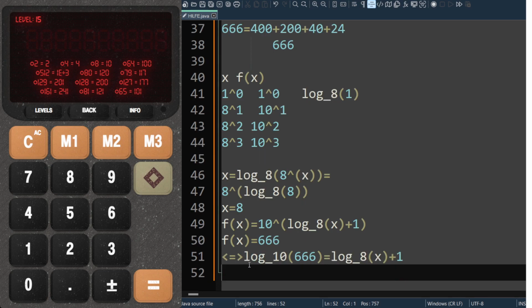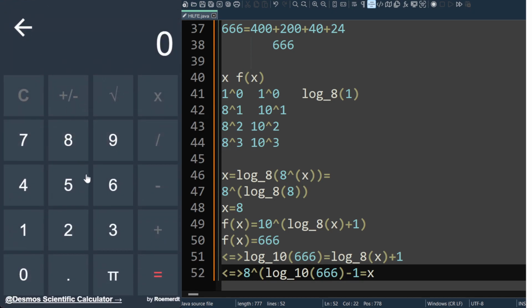So if we rewrite this, then you should get 8 to the power of the log base 10 of 666 minus 1 equals x. So what exactly is that number?